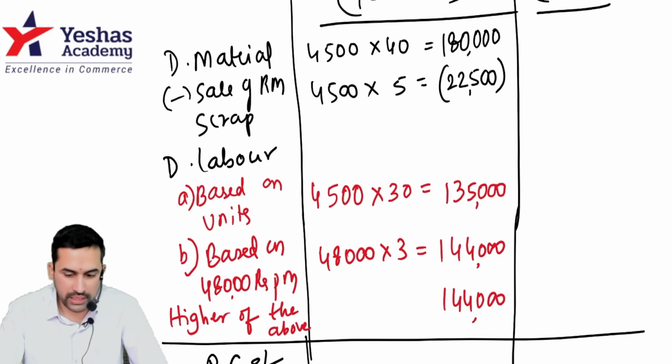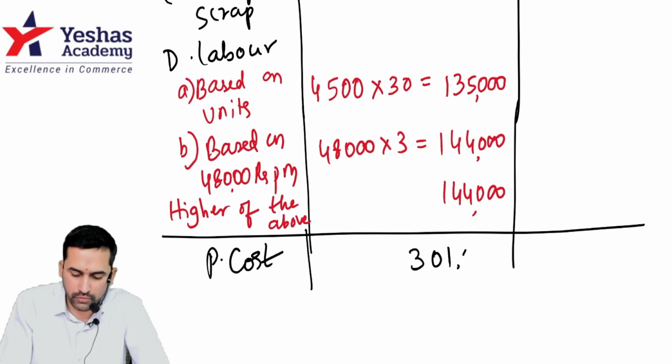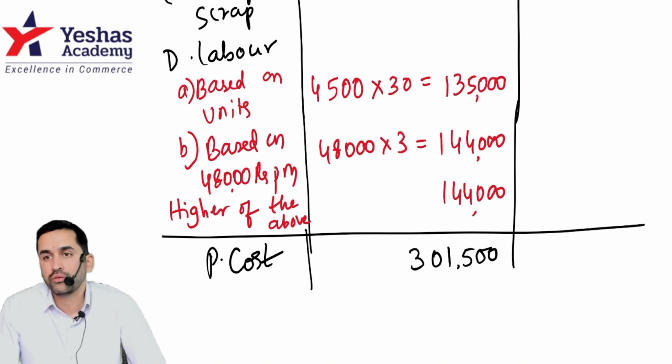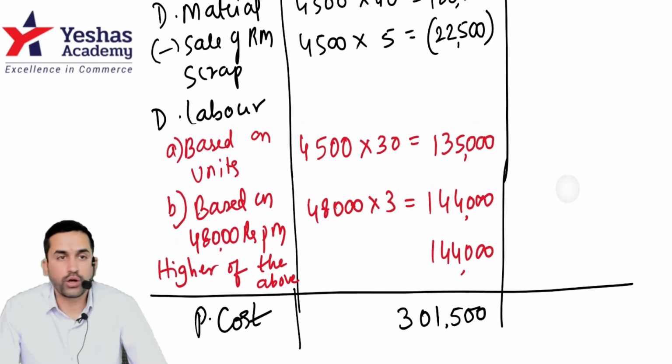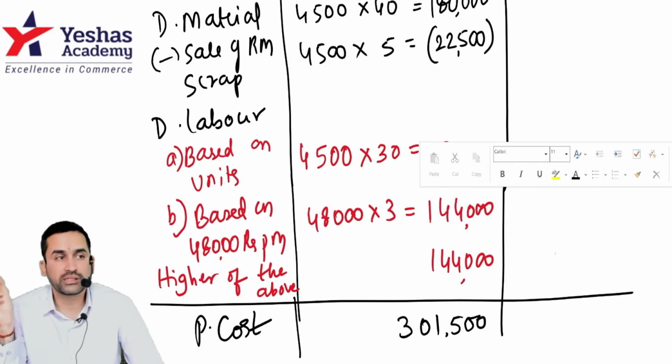While doing the prime cost calculation, don't take all three numbers. For labor, only one number is to be taken, 144,000. For material, that 180,000 minus 22,500. We have a detailed topic called labor. We'll study about it there. Just for your knowledge, when you pay salary based on units, it's called the piece rate system.